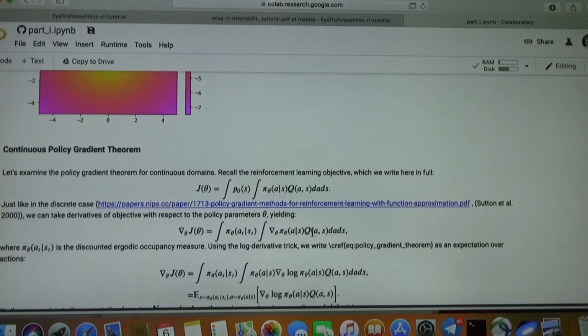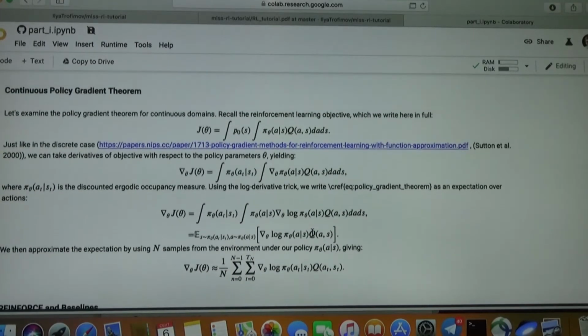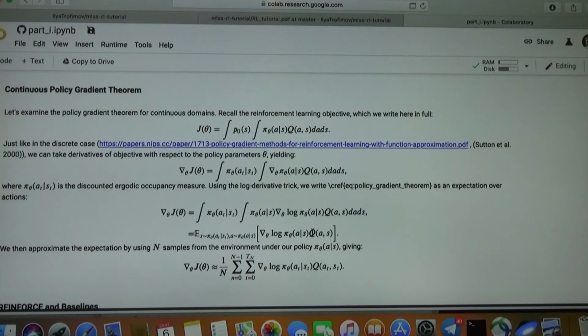Okay, so we will solve this toy problem with the reinforce method. What this method is about: it is based on the log derivative trick, and I recommend you to learn this trick if you have not done it yet, because it is very useful not only in reinforcement learning but in some other applications of machine learning. So this trick allows us to calculate the expected value of some function.